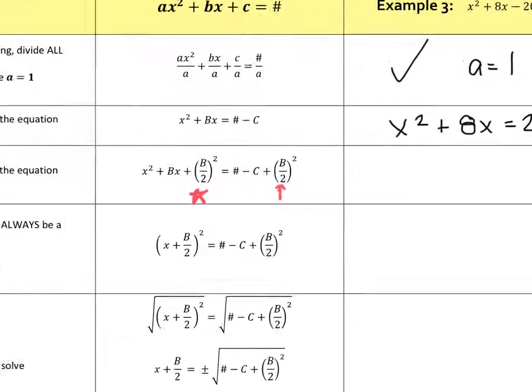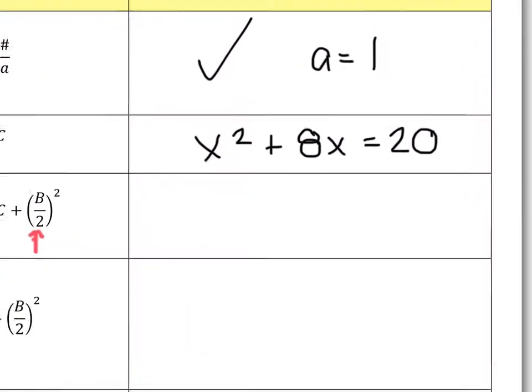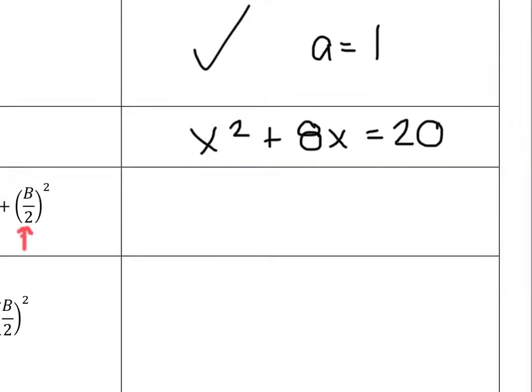We have to figure out what b over 2 squared is before we can add it, though. So we've got b over 2 squared. What is our b term? 8. So 8 divided by 2, what is that? 4. So we have 4 squared, which equals 16.